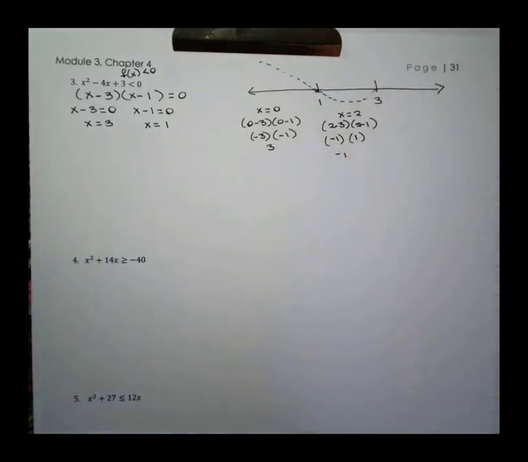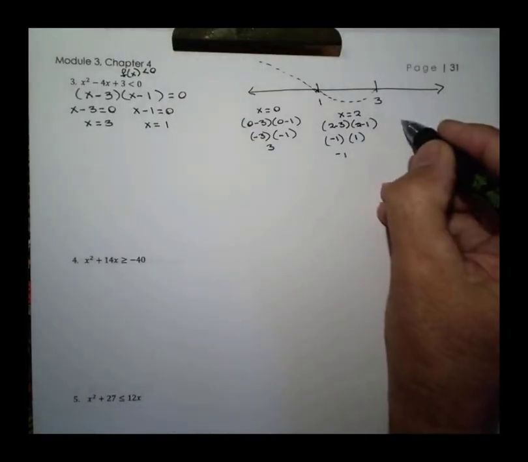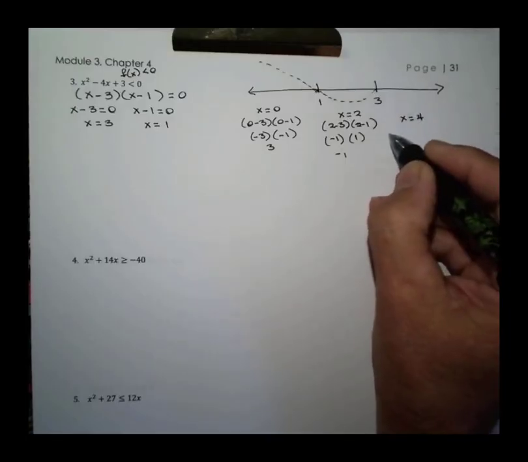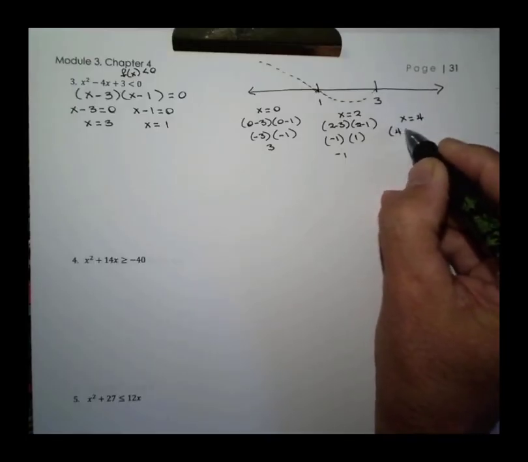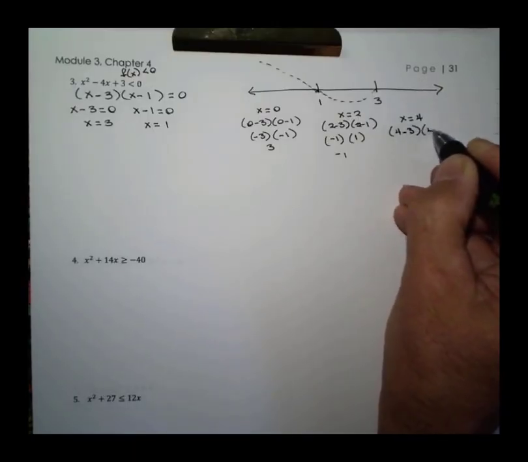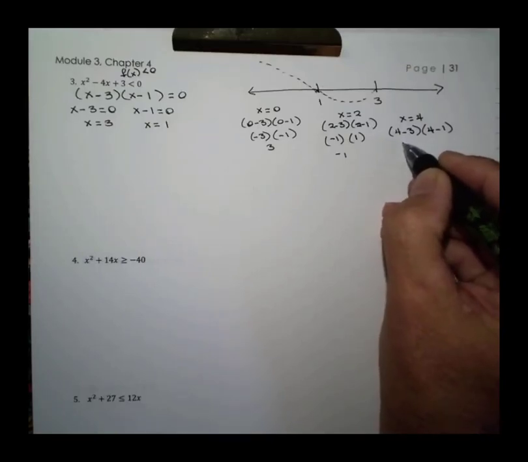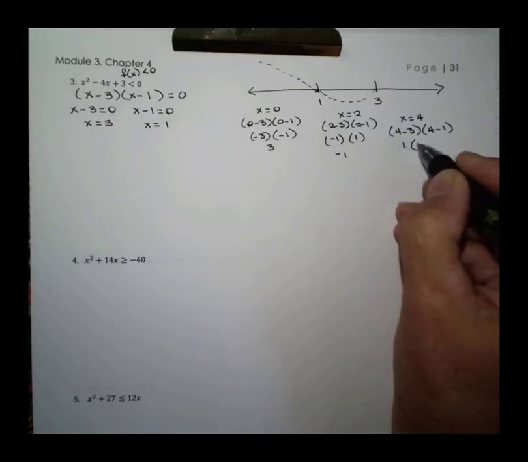I know it has to cross again, so I'll go that way. And then above 3, well, let's try the number 4. X is equal to 4. I'm going to say that means I'm plugging it in to the factored form of my inequality. I'll say 4 minus 3 times 4 minus 1, and that gives me a 1 times 3.